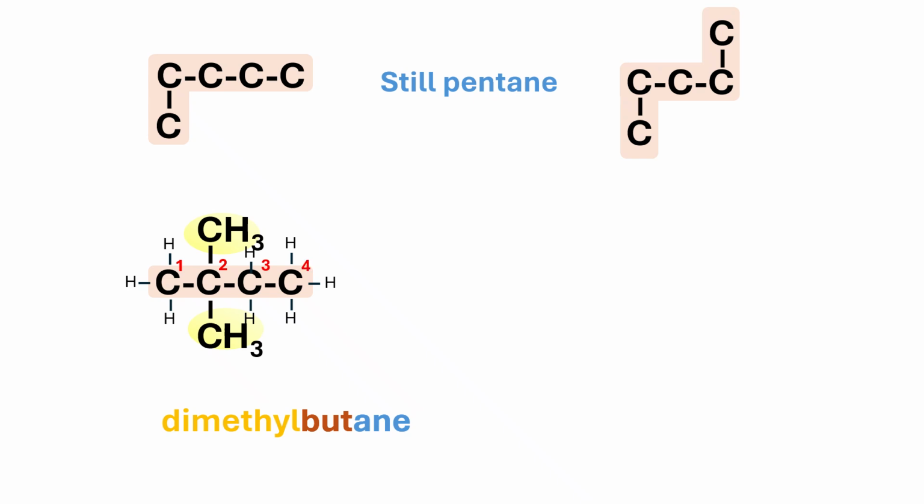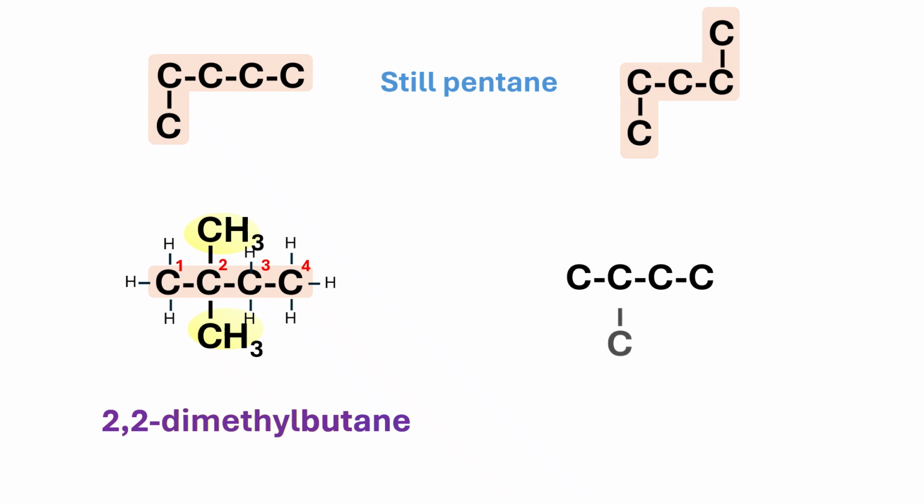There's 1, 2, 3, 4, and both are coming off the second carbon. So we put 2,2 to give them the location for both. So it's called 2,2-dimethylbutane. So it sounds quite long, but once you break it down to which one represents which, it is actually quite logical.